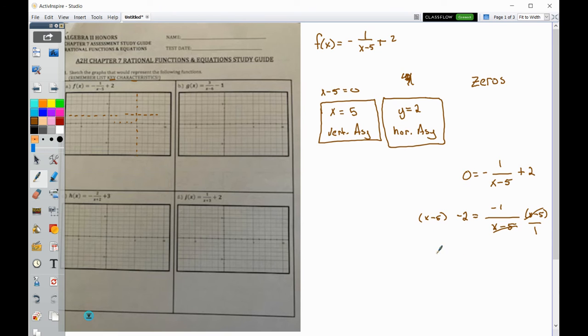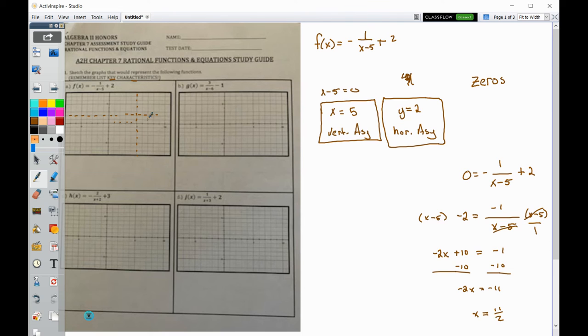Over here, that'll distribute, so I get negative 2x plus 10 equals, and on this side, I just have a negative 1. I'm going to subtract 10 from both sides. I get negative 2x equals negative 11. Divide by negative 2, and I get x equals a positive 11 halves. That's approximately 5.5.